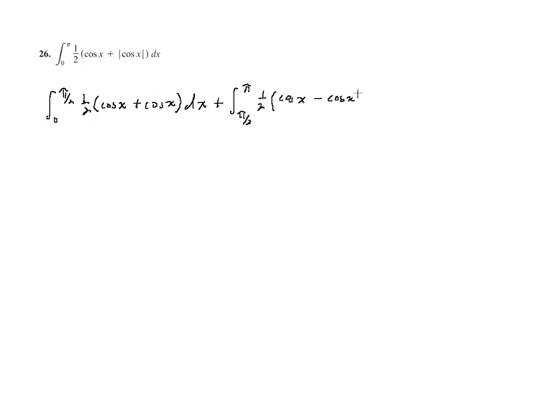And when I do that, I actually get the cosine of x minus the cosine of x, which is just 0. And the definite integral from pi over 2 to pi of 0 is just 0. Because remember, we're taking the area under the curve, and the function 0 is the x-axis, and the area under that curve is just 0.